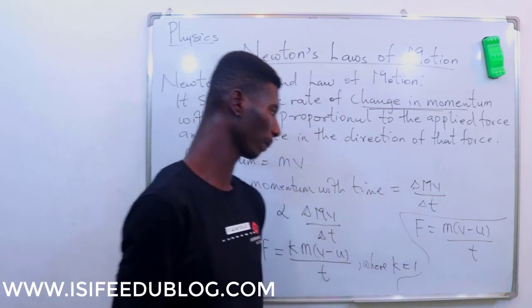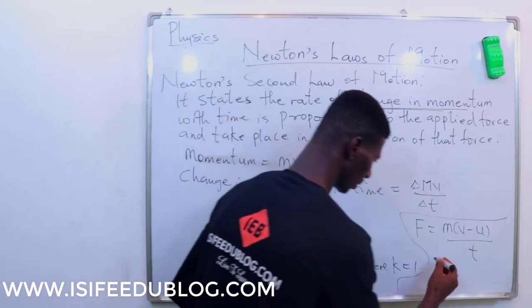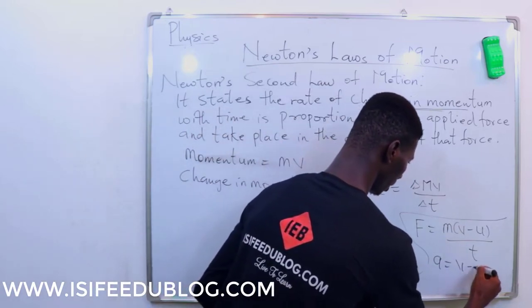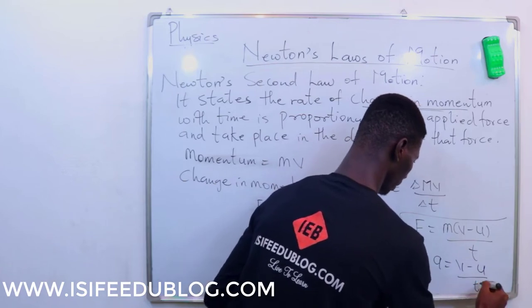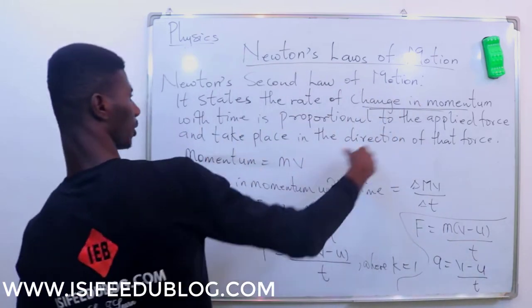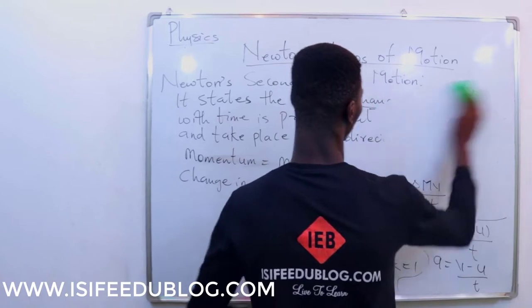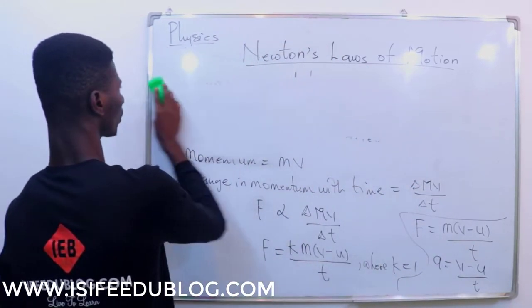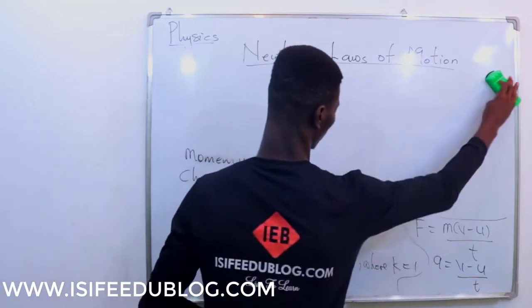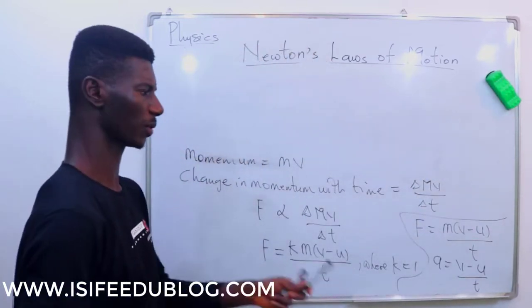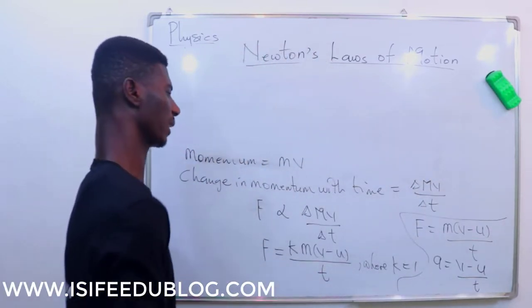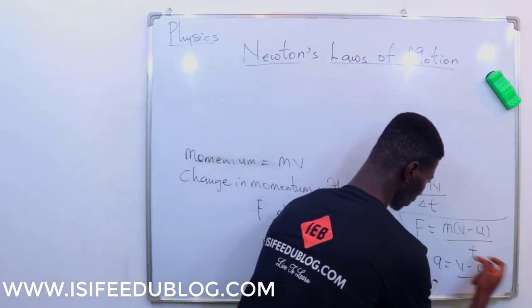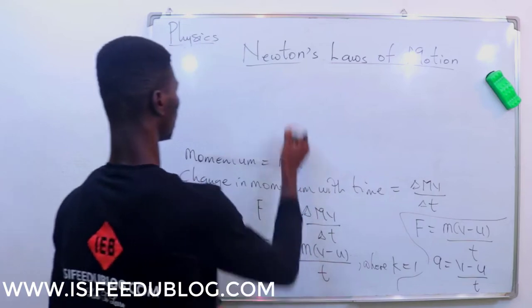Now recall that acceleration is equal to v minus u over t. So I'm going to replace (v minus u) over t by acceleration a.